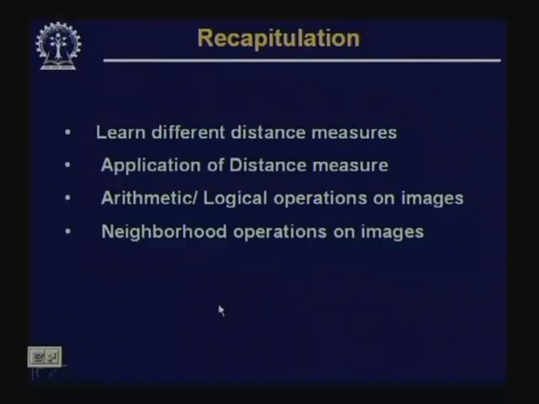So, in our last lecture, we have learnt different distance measures. We have seen the application of the distance measure: in addition to finding the distance between two different points, the distance measures are also used to find the distance transformation of a binary image, and using that distance transformation, we can find the skeleton of the image, which gives a compact representation or compact description of the shape.